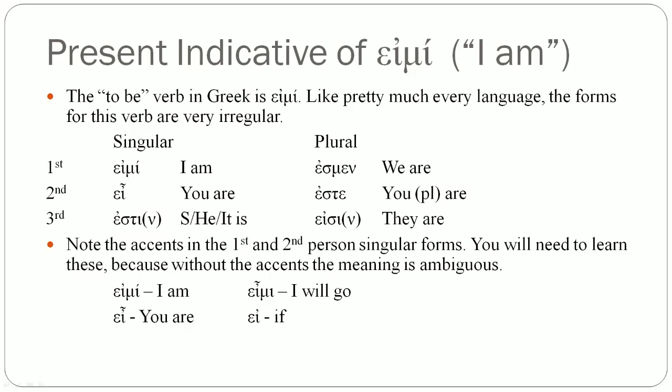Okay, but yeah, I'm going to ask you to remember that eimi, the first person singular, has a smooth breathing mark over the first iota, and over the second iota there is an acute accent, kind of this short little line that goes up to the right. Okay, you start right over the iota and kind of make a little short line just going up and to the right. Okay, it's called an acute accent, and it goes over the second iota.